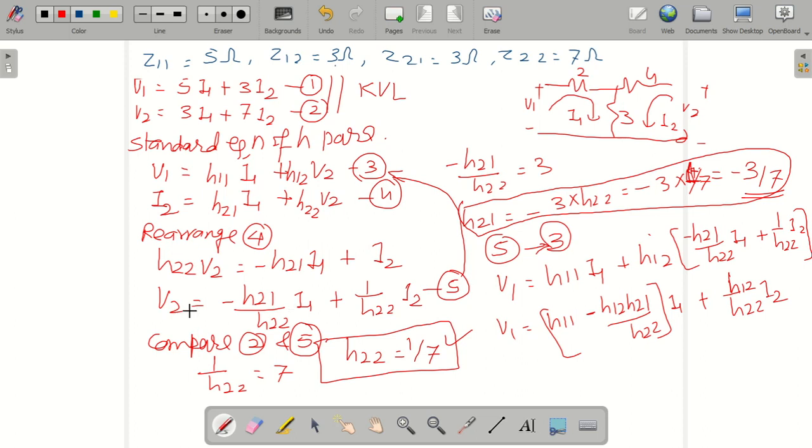So V2 equal to what? Minus H21 upon H22 I1 plus 1 by H22 I2. So 1 by H22 equal to 7. So I got H22 equal to 1 by 7, correct? And here minus H21 upon H22 equal to, I got, 3. So H21 equal to minus 3 into H22, that is minus 3 by 7. So I got H21 and H22.